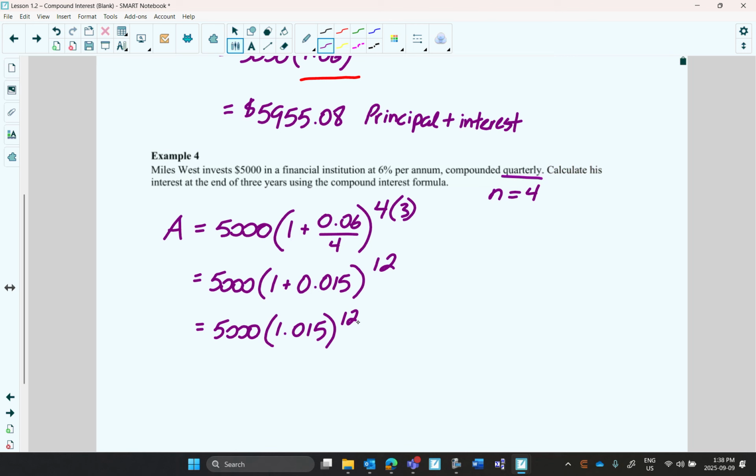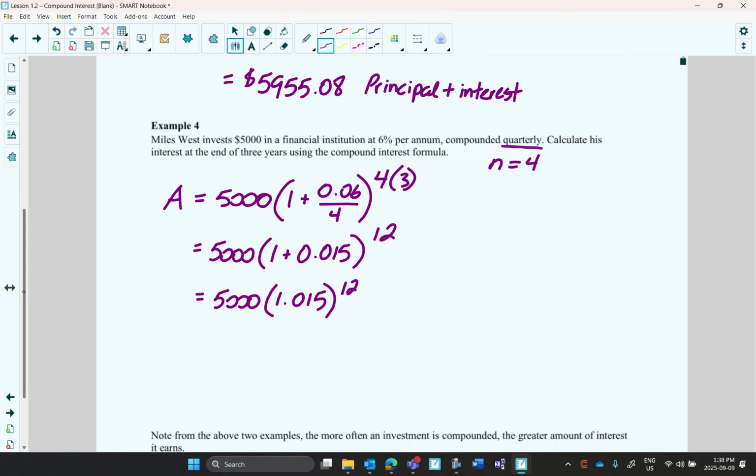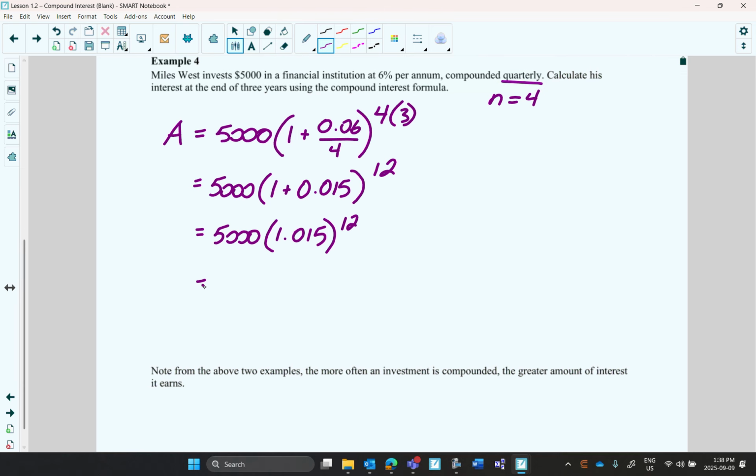Raise 1.015 to the 12th, times it by 5,000, round it correctly to 2 decimal places, because remember, we're talking money. Anybody, what? 5,978.09.